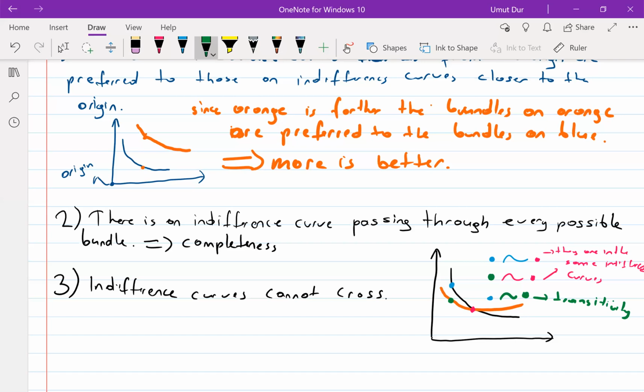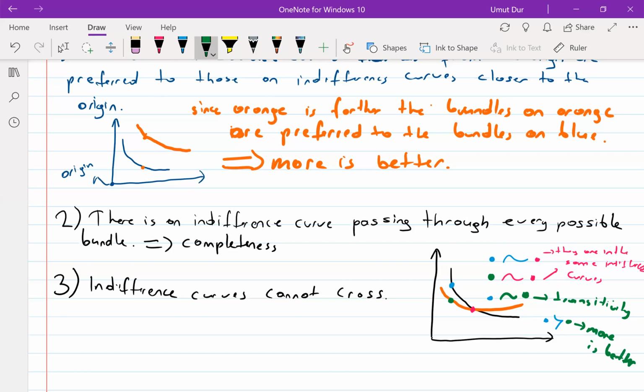But at the same time, more is better is telling us that blue is better than the green one. This follows from more is better.